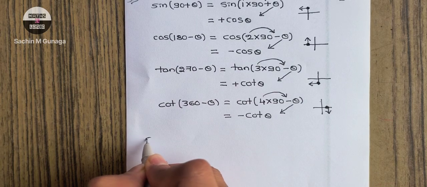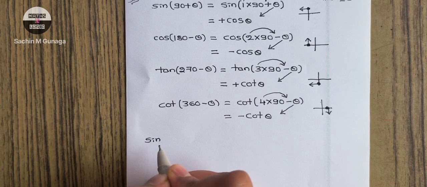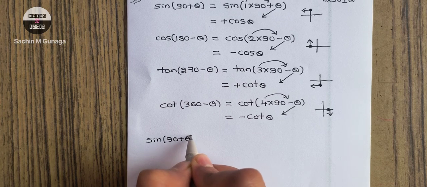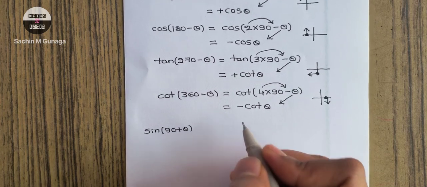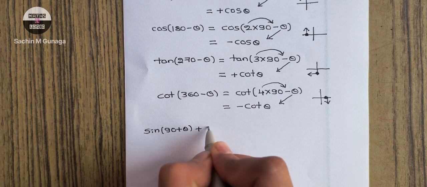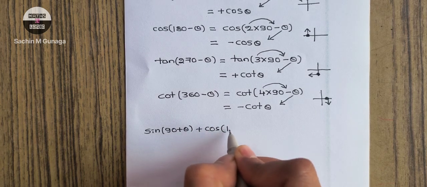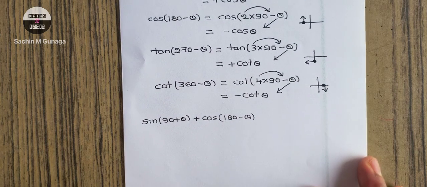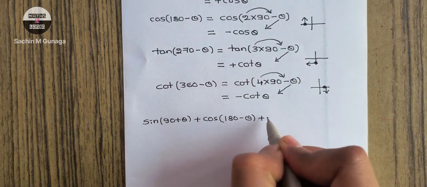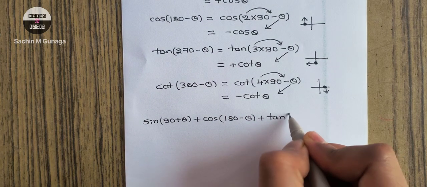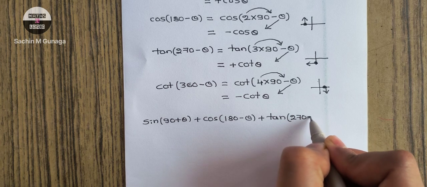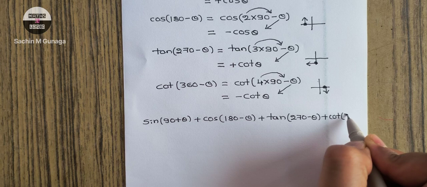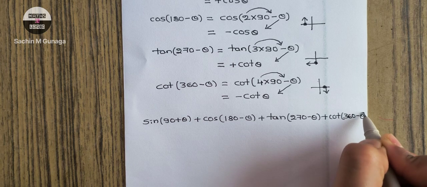Therefore it is first sine 90 plus theta, next plus cos 180 minus theta, next plus tan 270 minus theta, and plus cot 360 minus theta.